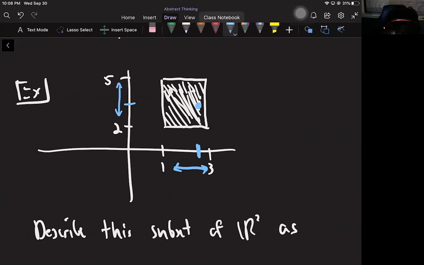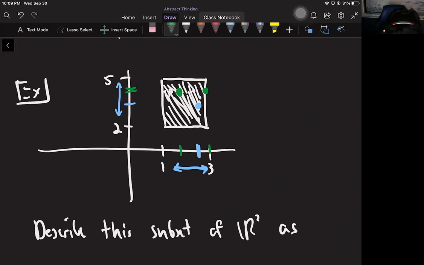And that's really all there is to being in this set, because any old point you pick will have the same property. Even the ones on the boundary, they'll be equal. So the x-coordinate here will be equal to 3, but the y-coordinate will still be between 2 and 5.